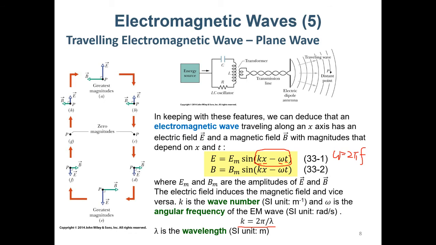So this argument is 0. Now suppose at t equals 1 second, we still want kx minus omega t to be 0, which means x should be omega over k.